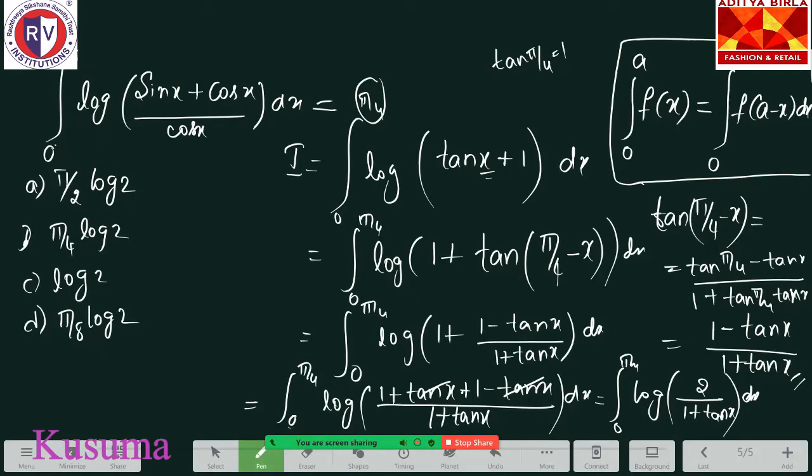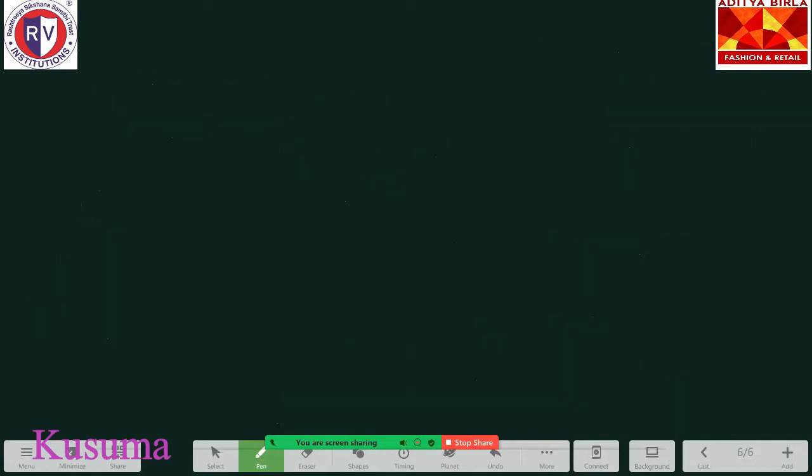See here, this is of the form log of m by n. So that can be written as log m minus log n. So we will take integration from 0 to pi by 4 of log 2 minus integration from 0 to pi by 4 of log of (1 plus tan x) into dx.